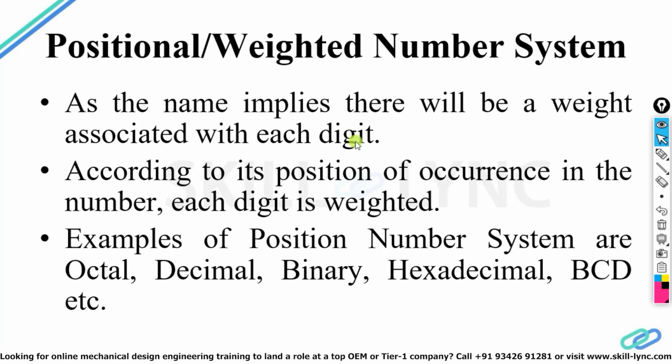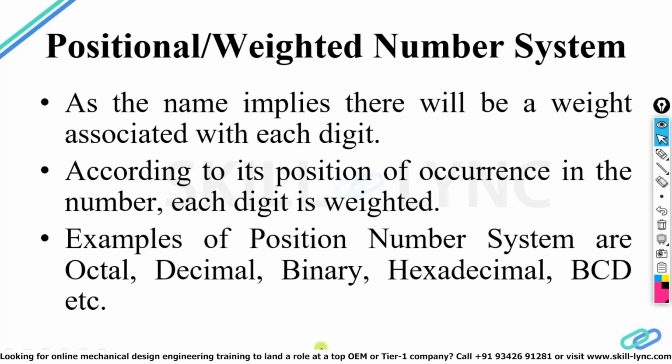For example, if I say 1101, each and every bit has some position associated with it. Just like in the conversion from one number system to another, for example octal, we did 8 to the power 0 into that digit plus 8 to the power 1 into that digit. So these 0, 1 are the positions.